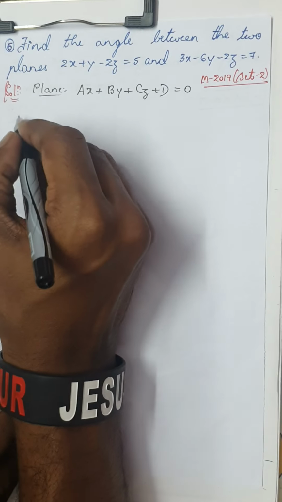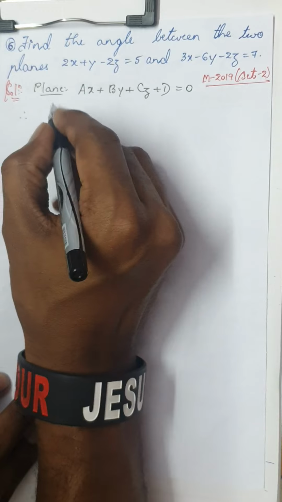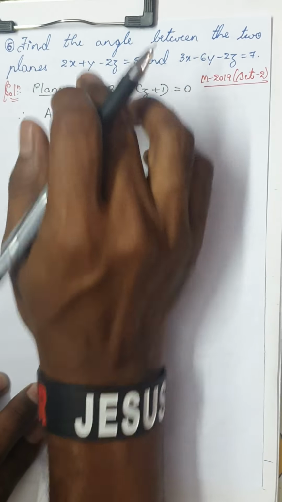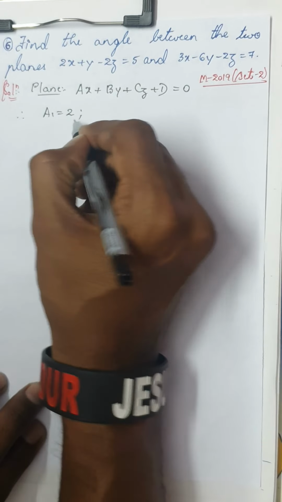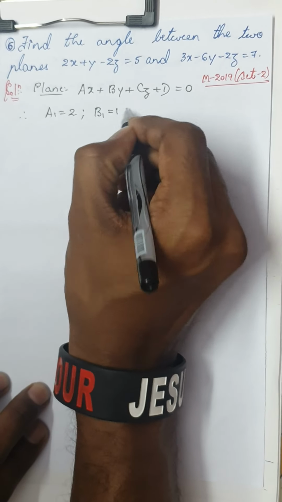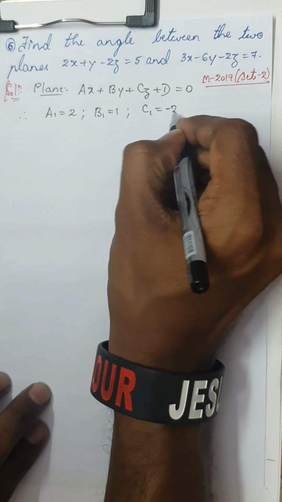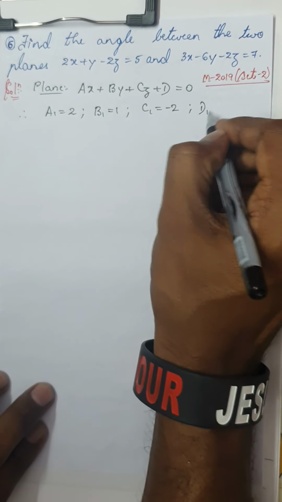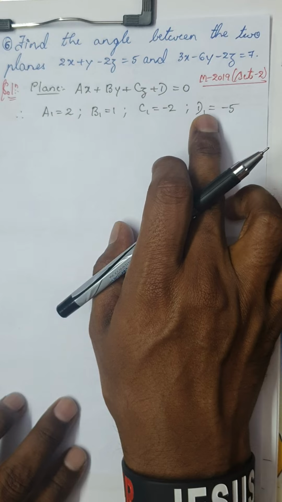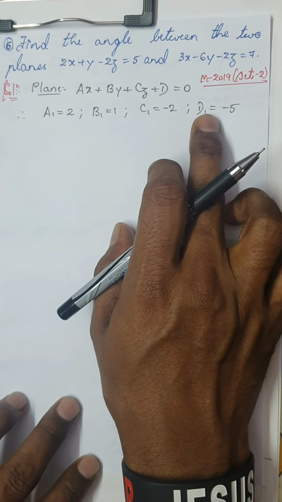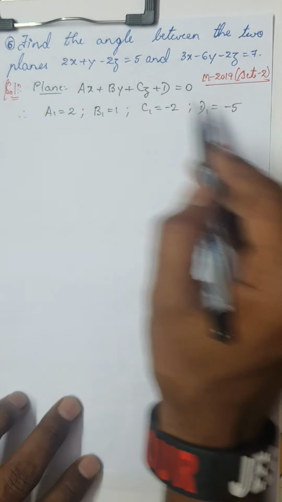Therefore, if you take plane 1, comparing the equation, you will get a1 is equal to 2, b1 is equal to 1, c1 is equal to -2, and d1 is equal to, remember, don't take it plus 5 as it is, because you have to always take d to the left hand side.